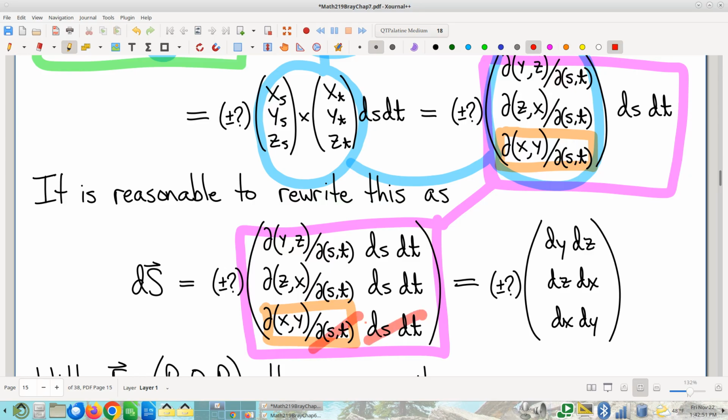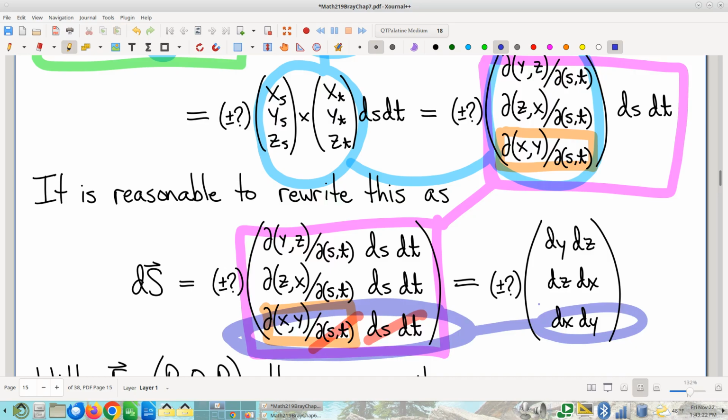Again, a little math crime. This is not a fraction, there is no cancellation. But the reason we like this notation is that the nonsensical cancellation always leads you in the right direction. And so a reasonable interpretation of what this ought to be is that it should be dx dy.